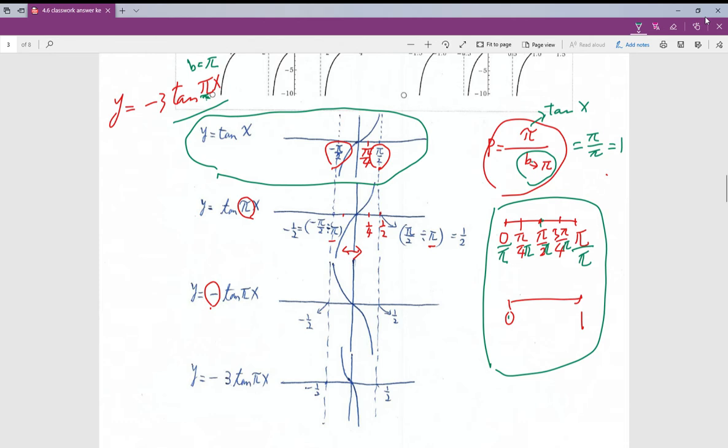So you have 0 here and 1 here, and this number becomes 1/4, this number becomes 1/2, this number becomes 3/4.